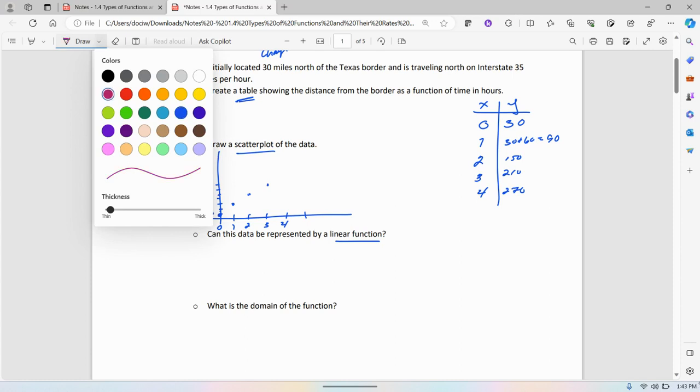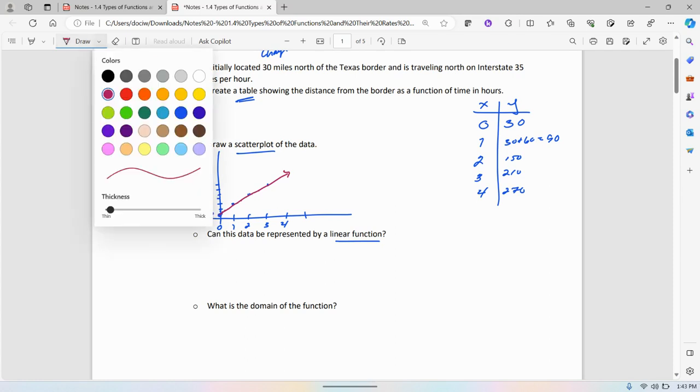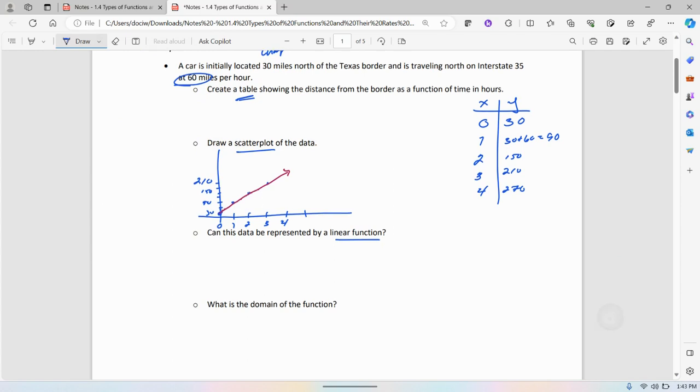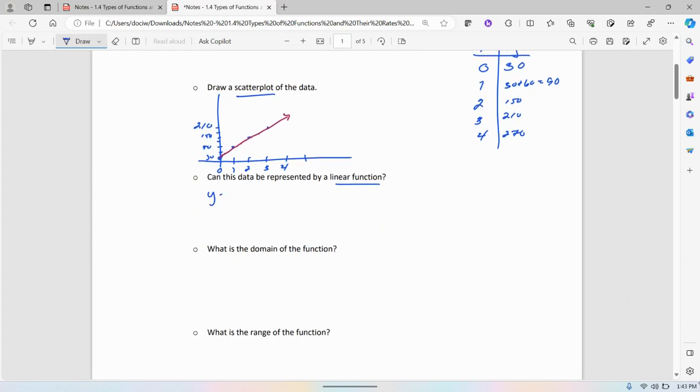I could draw a line on there because time is continuous and we are going to hit every point in between, but the blue dots are technically the scatter plot. Okay. We could represent this data with a linear function. Y equals mx plus b.